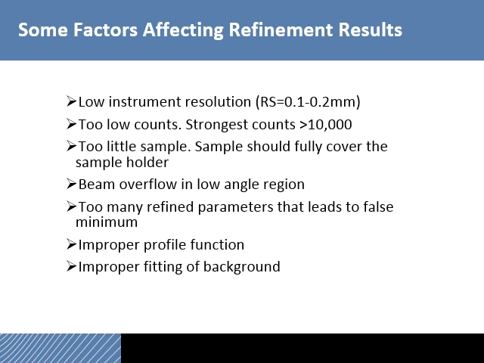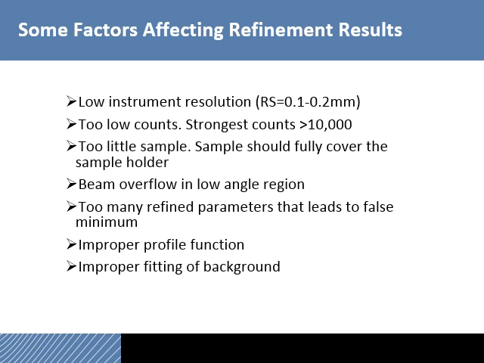The expected intensities of the peaks, as you would calculate them using the structure data that you get out of the databases, assume that the beam is only being diffracted off the sample. So if you're using too broad of slits, not on the diffracted beam side, but on the incident beam side, the intensity of the low angle peaks could be too weak because the beam's not actually hitting the sample, but it's hitting the sample holder.